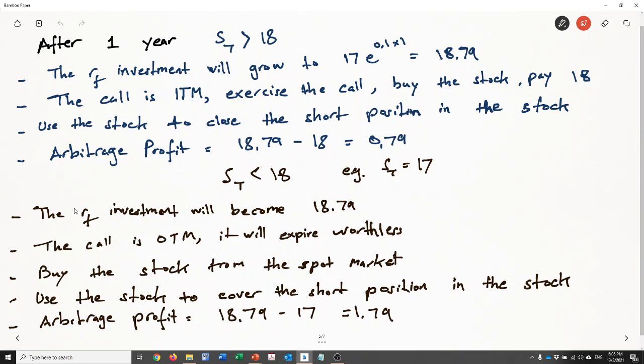I still have a short position in the stock that I need to cover. How can I cover it? Well, I will buy the stock directly from the spot market. So I'll pay 17 and I will receive the stock. I will use the stock to cover the short position, and here I have completed all the transactions related to the arbitrage. What will be my arbitrage profit? I received 18.79, I paid 17, so net profit will be 1.79.